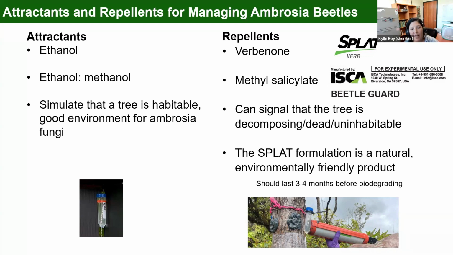The advantage of this SPLAT formulation is that it's a natural, environmentally friendly, beeswax-based product that you can just put out into the field using a caulking gun. The product should last about 3 to 4 months, and it should fully biodegrade within a year. And I can tell you that it does fully biodegrade within a year because I've seen it.